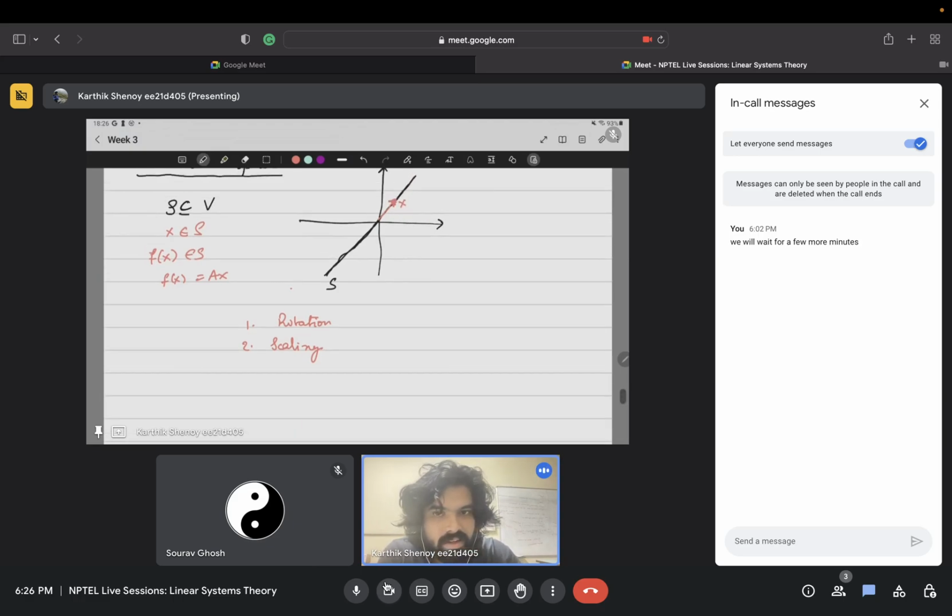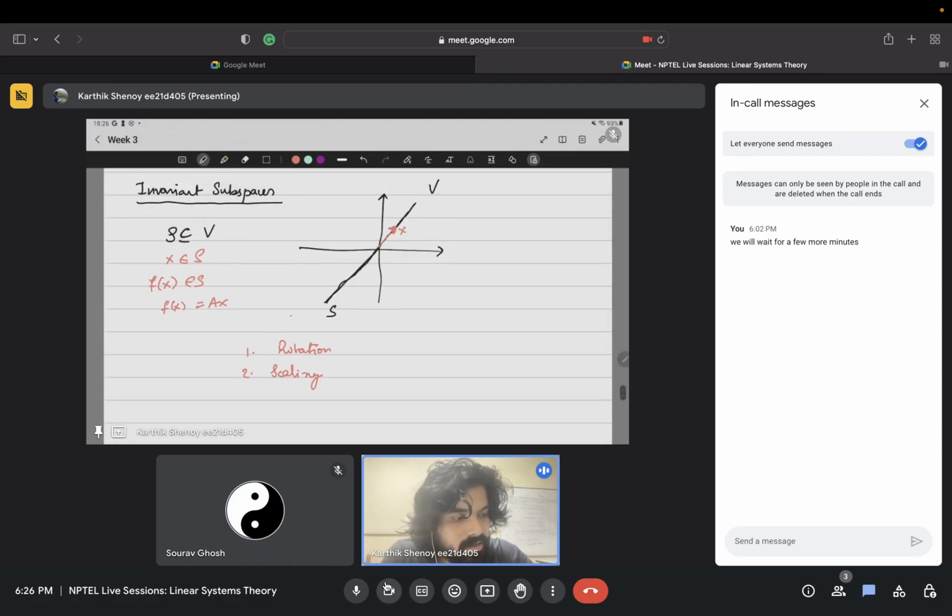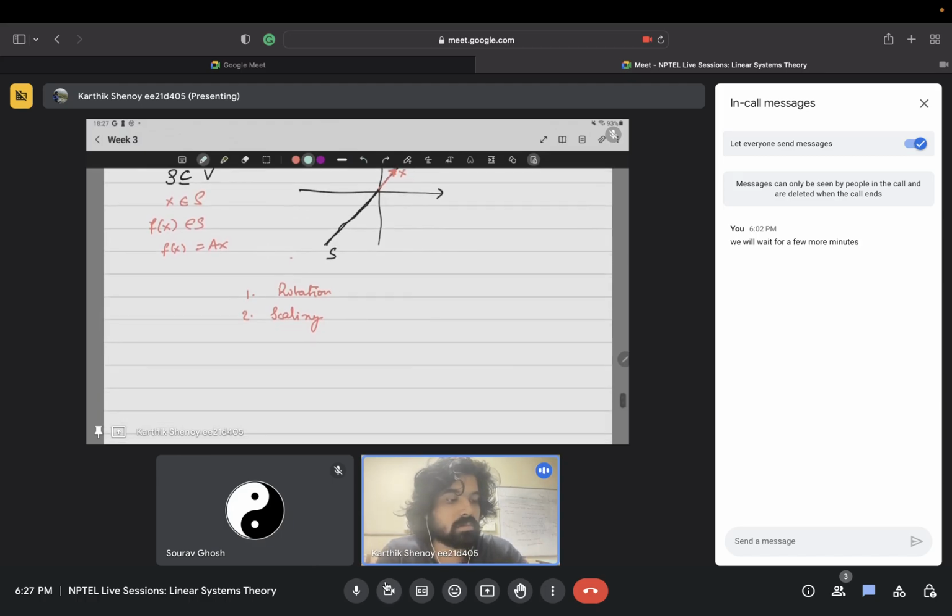In this case what we are saying is it shouldn't rotate, it can at most scale. By rotate I mean, if I transform this vector using a matrix A, a linear transformation, it shouldn't go off like this. It should only scale. So you can go here, you can go here, even in the negative direction it can scale. That depends on the eigenvalue. So that brings us to the concept of eigenvalues.